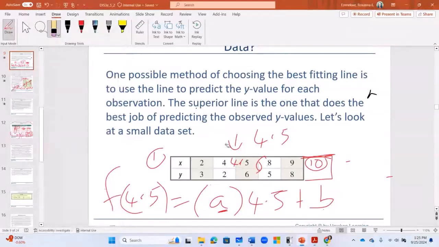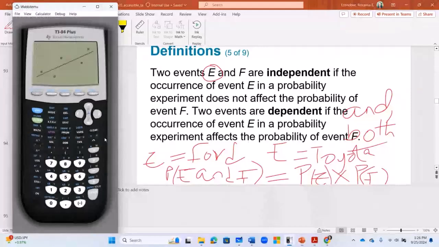Do I give you time to try one? Okay, watch it. I want my Y1 on the main screen. Vars. Vars is on the right side of the calculator. Okay, I'm there.